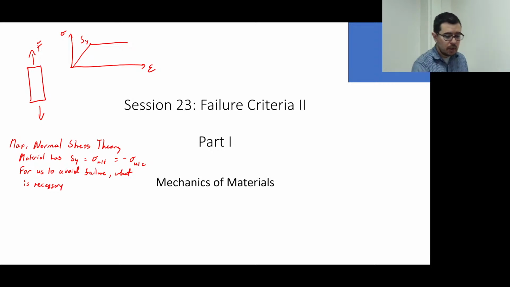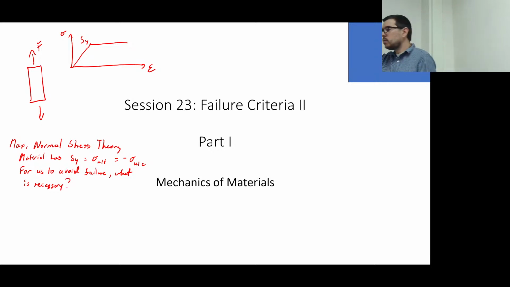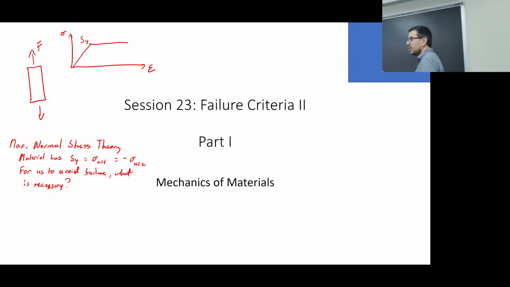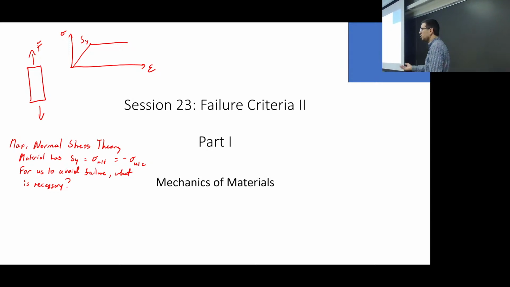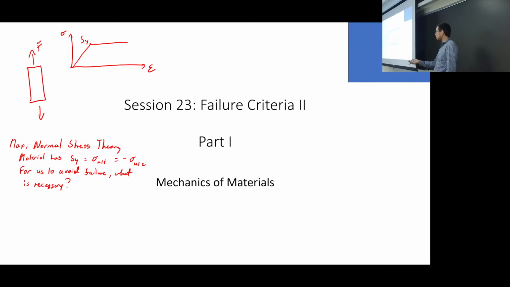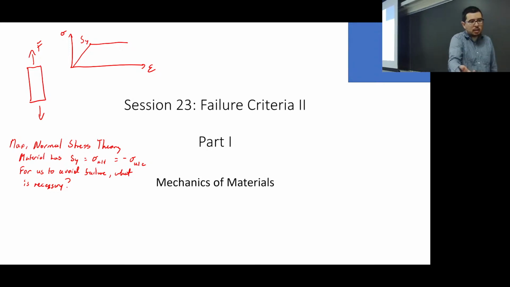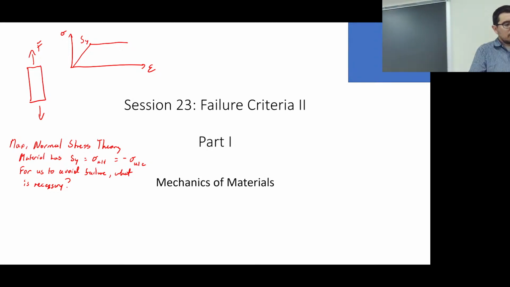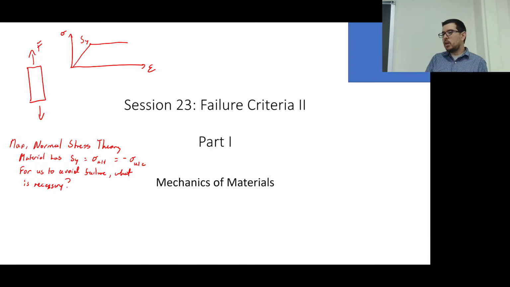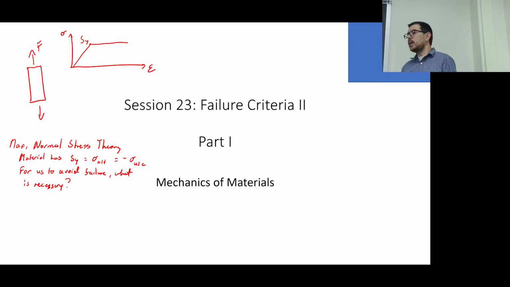Someone hands you a material spec sheet. Then they hand you the material too, but they hand you the spec sheet, and it's a brittle material, so you think maximum normal stress theory. And they say, here's the ultimate tensile strength, which we'll say is a yield strength, and we're assuming that the ultimate compressive strength and the ultimate tensile strength are the same, but of opposite sign.